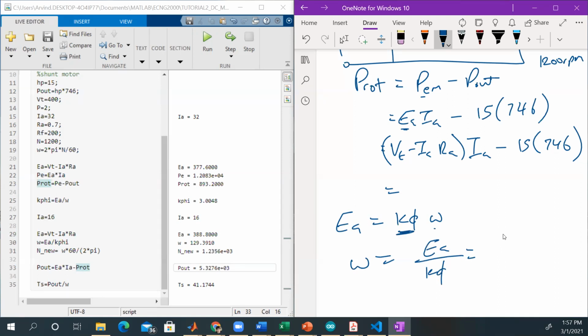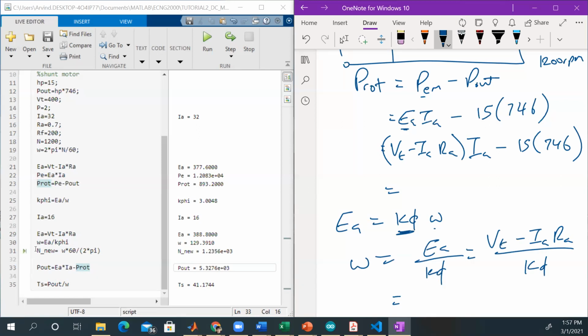EA is VT minus IARA. Good. So we have all of these things again. We have VT, we have IA, we have RA, we have K phi that we just worked out. So we can work out the new value of omega, which is 129 radians per second.